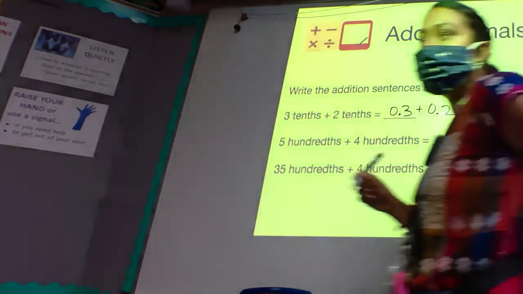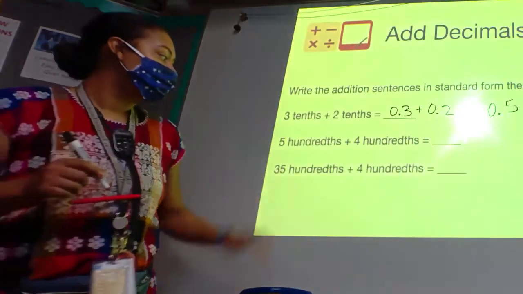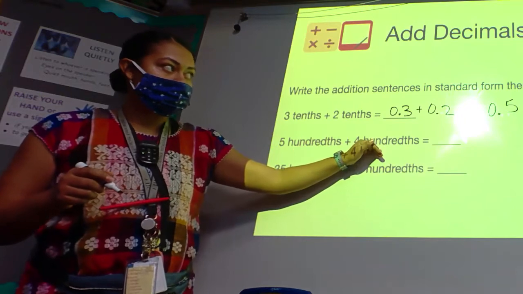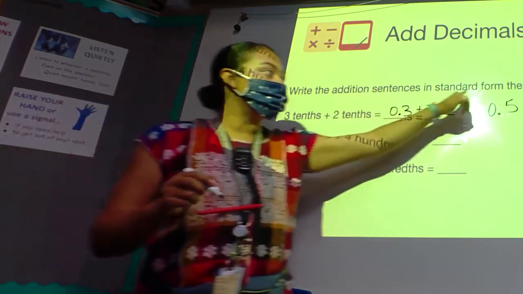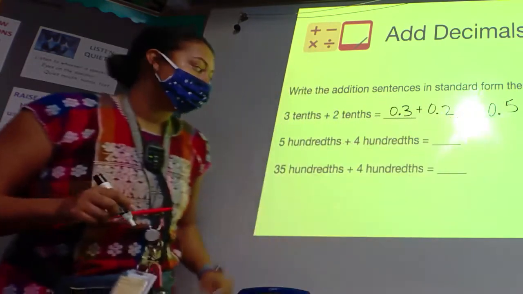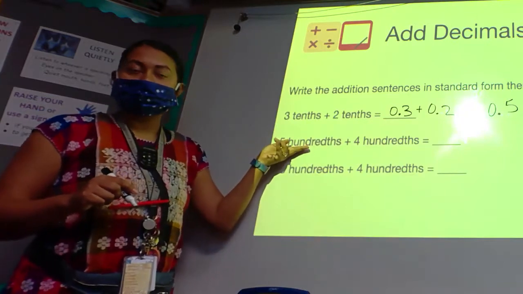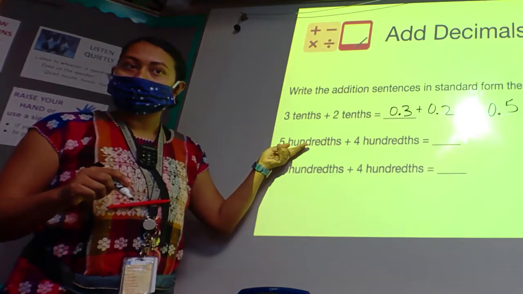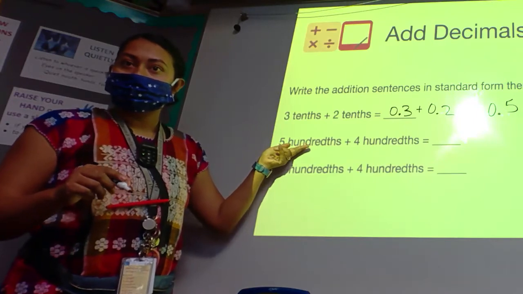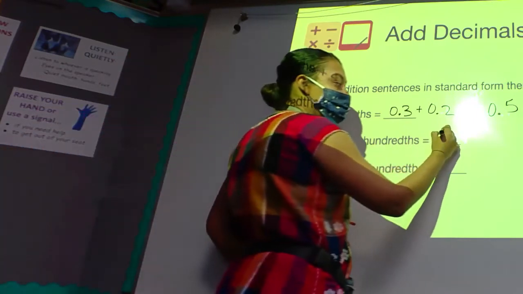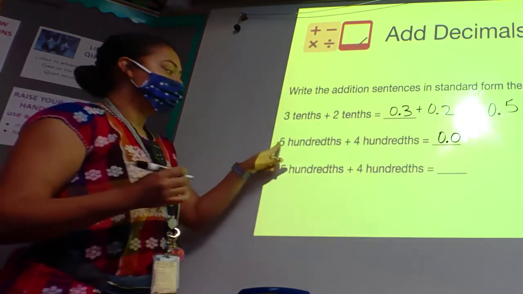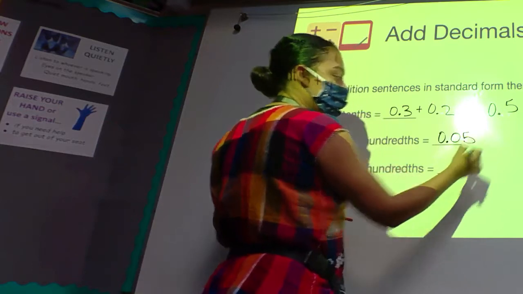Okay, next one. 5 hundredths plus 4 hundredths. First, we're rewriting it in standard form. So how do we write 5 hundredths in standard form? So as a decimal. Ledger? 0.05.